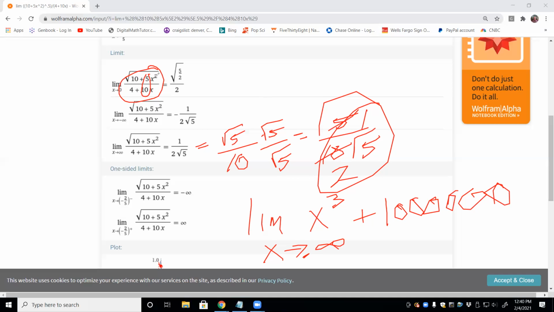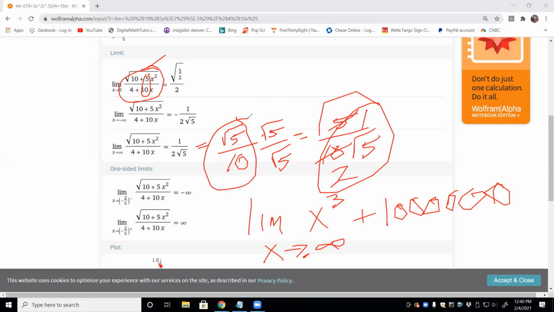So I'm going to have an x in the numerator and an x in the denominator, and as long as the powers are the same, whether it's x squared over x squared or x over x, the limit always goes to the ratio of the coefficients. In this case, the top is the square root of 5 and the bottom is just 10. So that's how I got the answer.